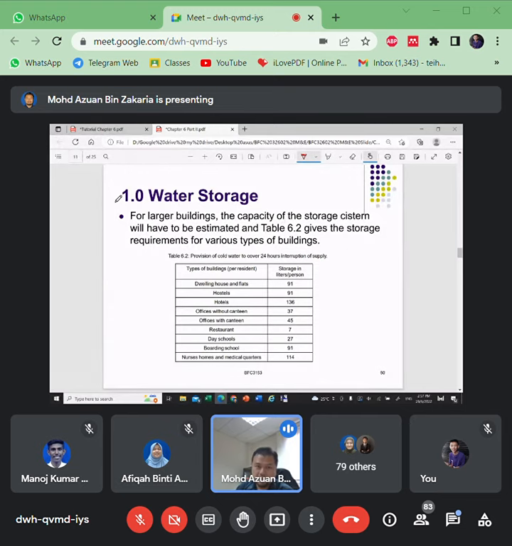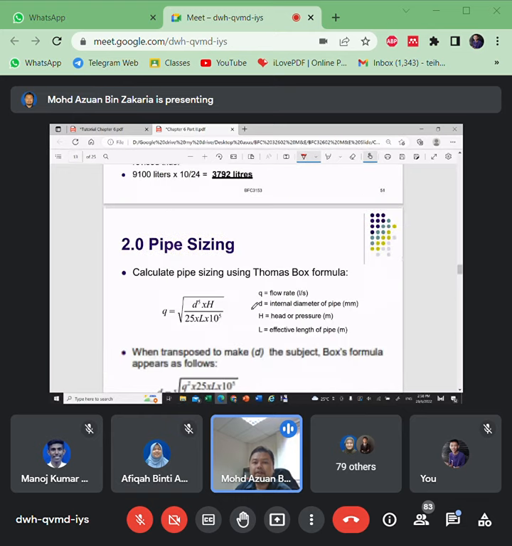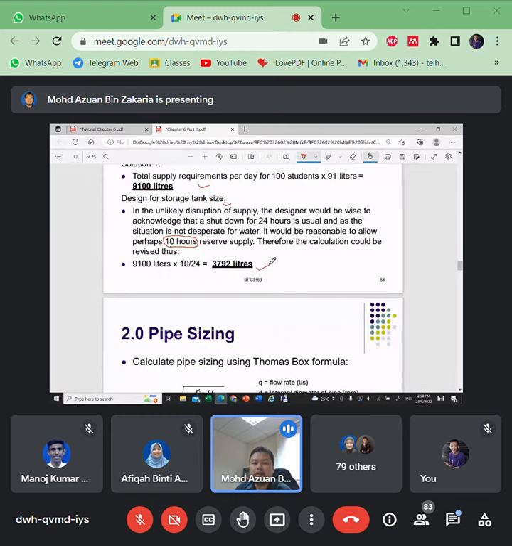So you can check here some of the standard procedure, typical procedure for how to estimate how many liters are required for residents. Then decide the size, and also consider how much additional supply. Then finally we can get the final requirement.